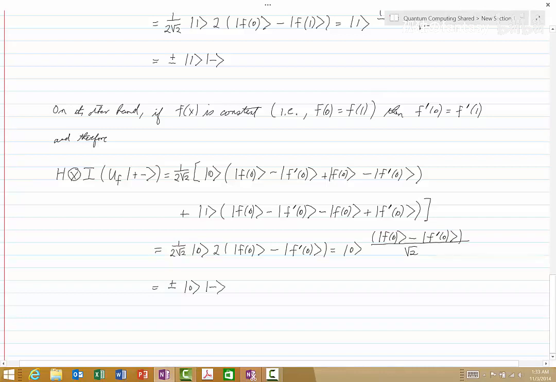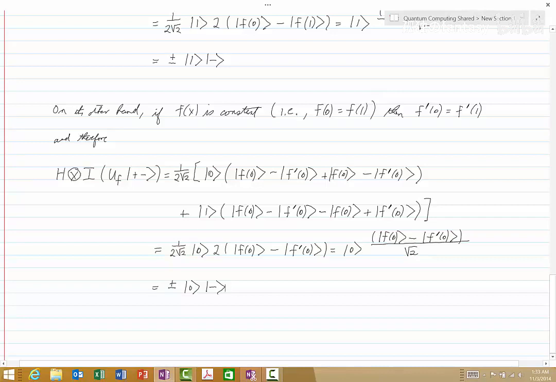minus. Again, we get the upper sign of plus if f of 0 is equal to 0. Obviously, if f of 0 is equal to 0, then f prime of 0 would be 1, and so we would have 0 minus 1 over the square root of 2, which is minus. On the other hand, if f of 0 is 1, then f prime of 0 would have to be 0, and we get 1 minus 0 over the square root of 2, which is minus.